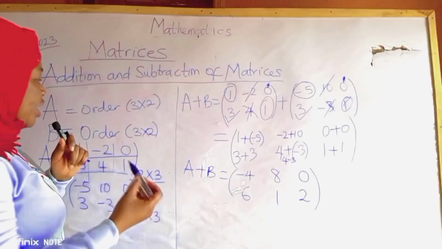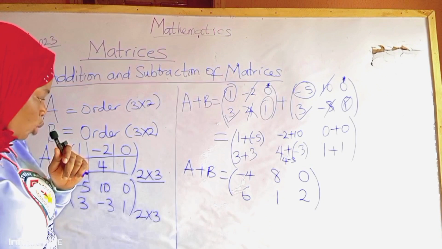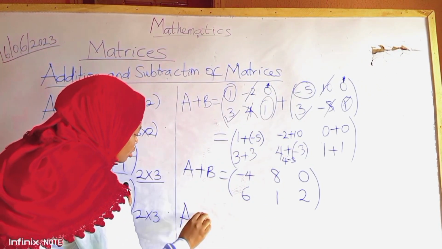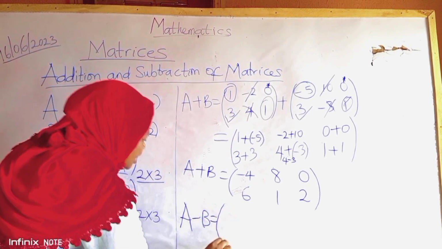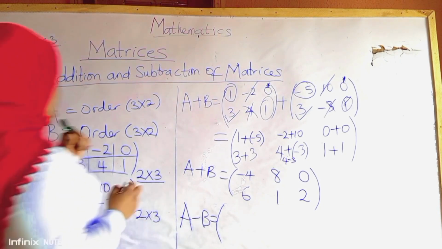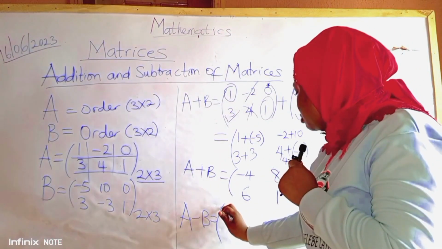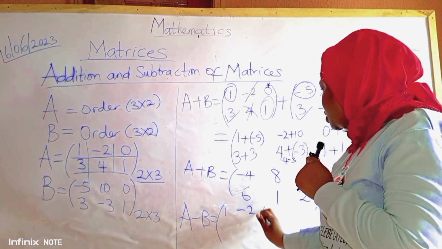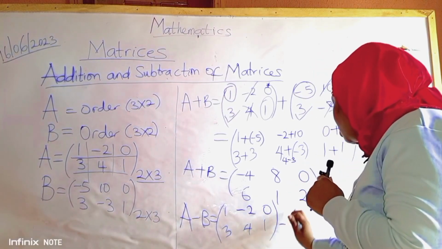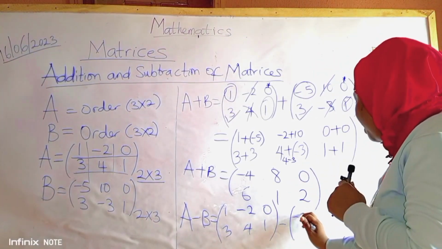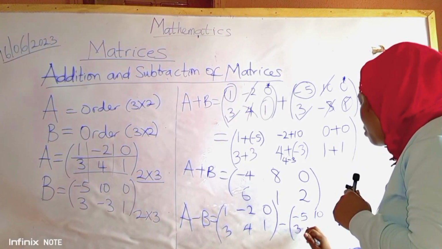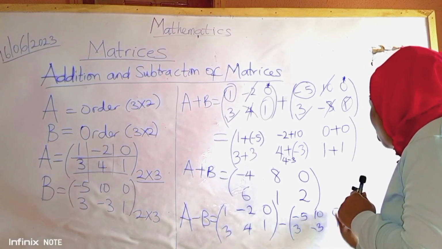In the same way we can perform the subtraction as well. So let me say I have A minus B. Since they have the same order, I can go ahead. My A, I'm going to write it 1, minus 2, 0, 3, 4, 1, minus my B, minus 5, 10, 0, 3, minus 3, and 1.